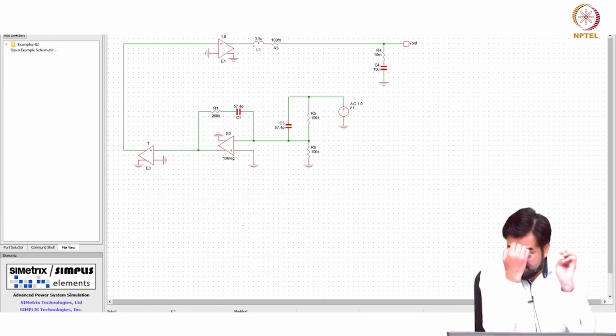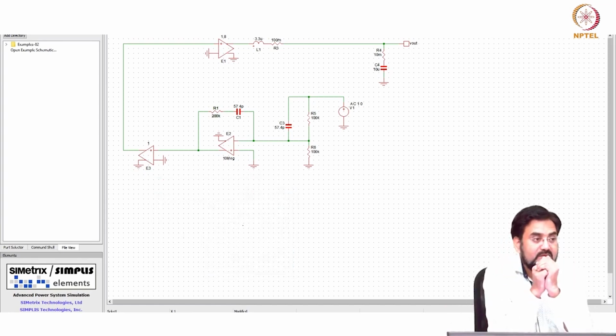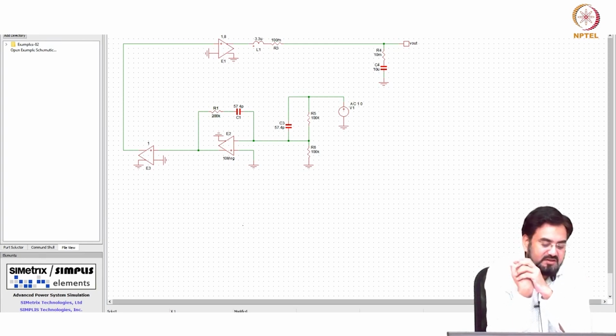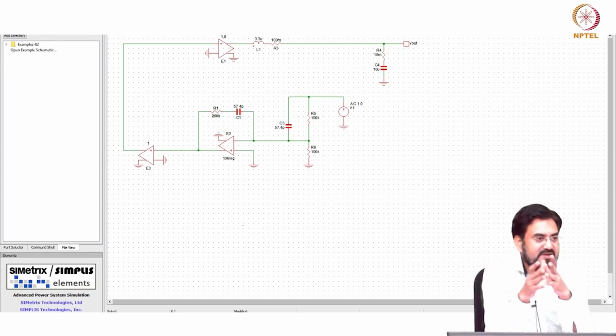So my UGB should be how much? 100K, and phase margin. So phase margin will depend on two factors. One is Z2 and Q. Okay. If Q is very high, then you know that by the time you hit omega UGB, the phase shift due to LC will be 180.